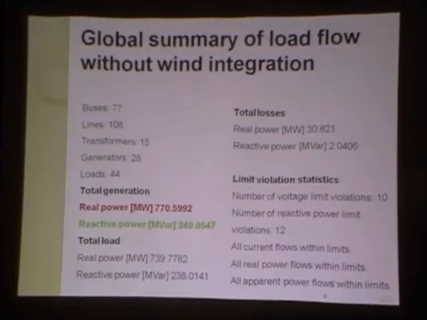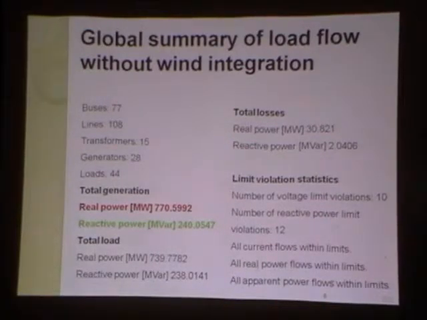This is the summary of that load flow. In this network, buses were 77, lines were 108, transformers 15. We have a total real power generation of 770 and reactive power of 240 here, and the load is 739. But in the actual case, we have more load than generation.